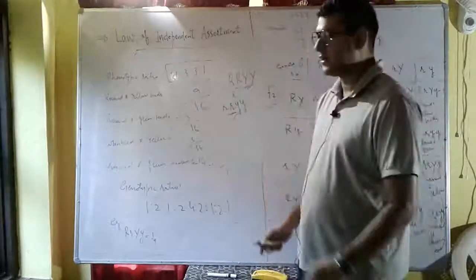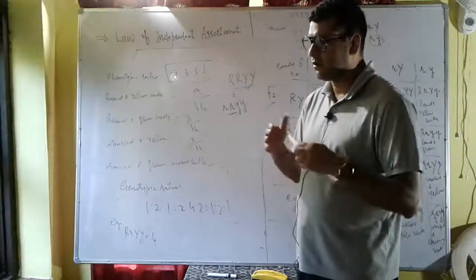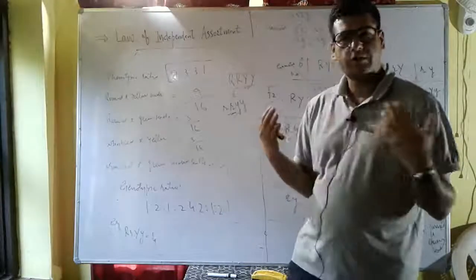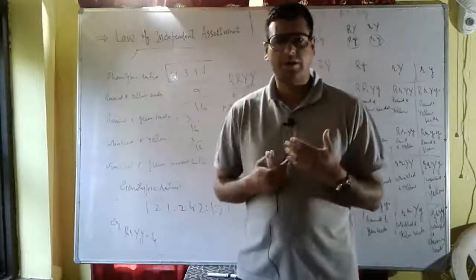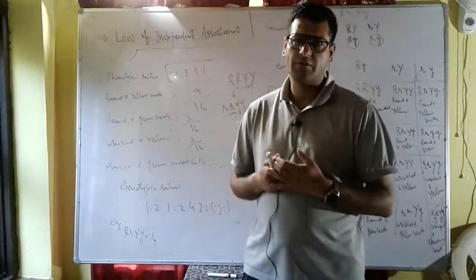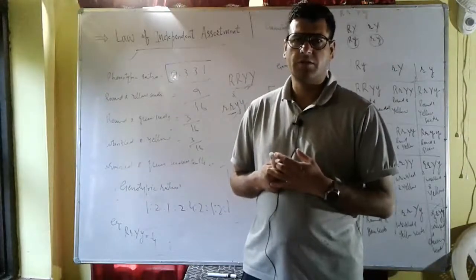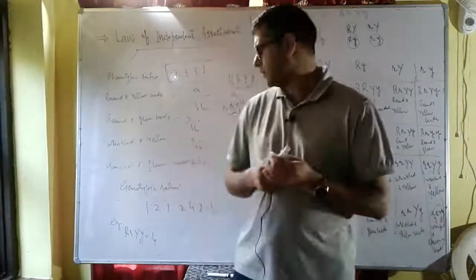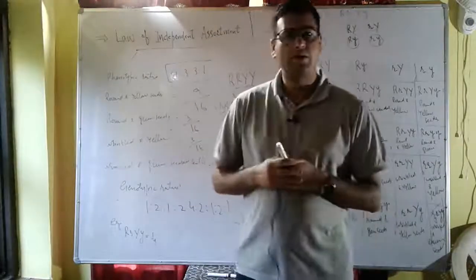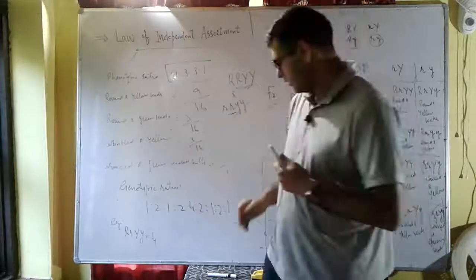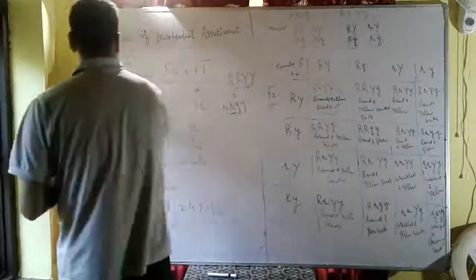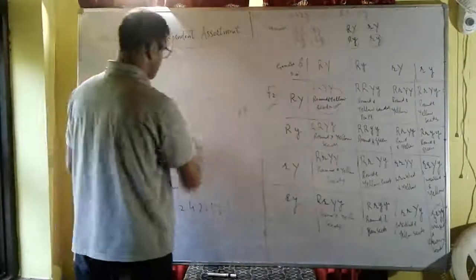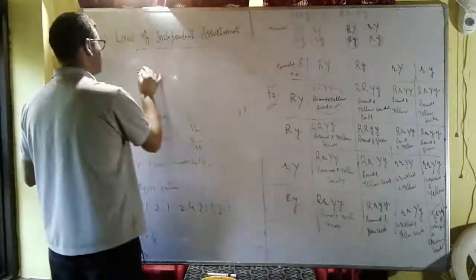So it means that the law of independent assortment applies, where the two characters assort independently of each other at the time of gamete formation. Now there is an exception to this law, the law of independent assortment, that is linkage.